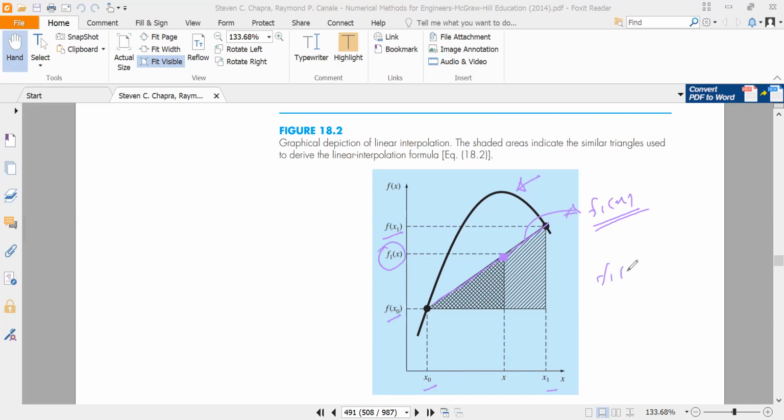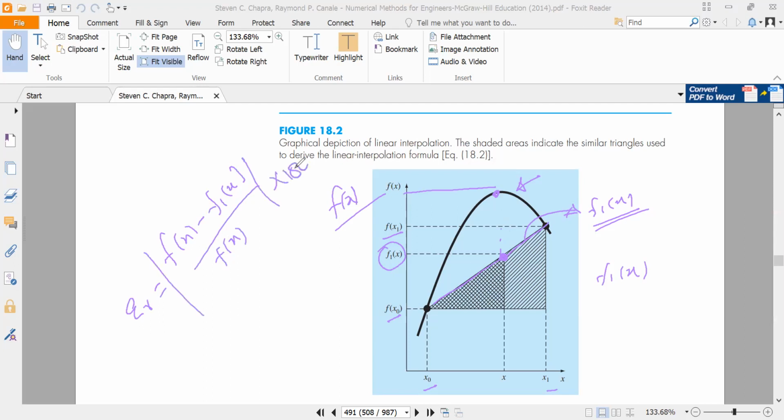Actual value minus the predicted value, take the ratio to the actual value, multiply it by 100. This is the percentage of actual error.